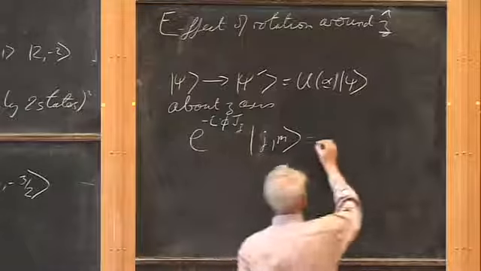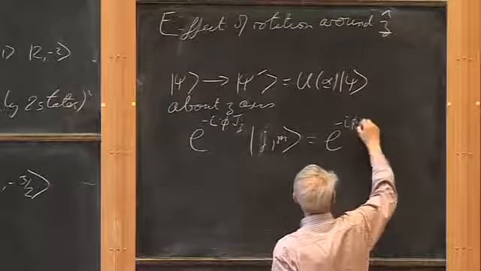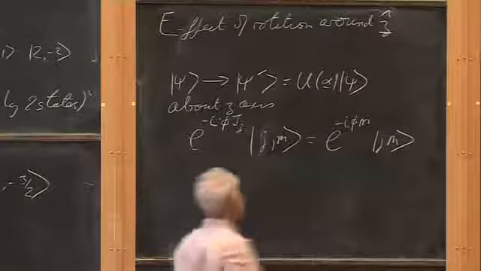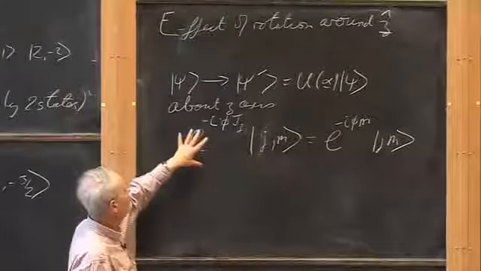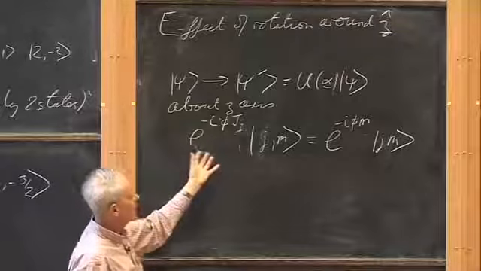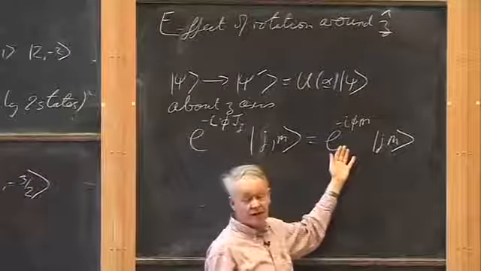So this is e to the minus i phi m times jm. So one of these eigenstates, when you rotate it using this rotation operator, produces the same state multiplied by this phase factor.